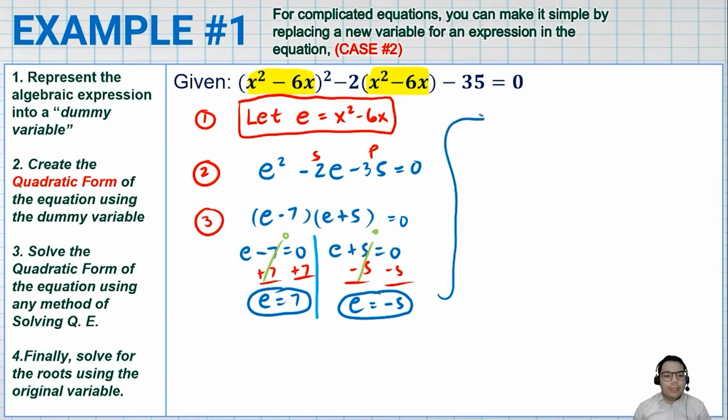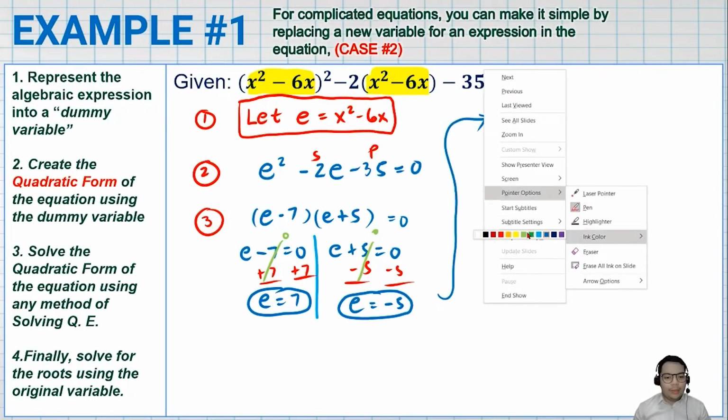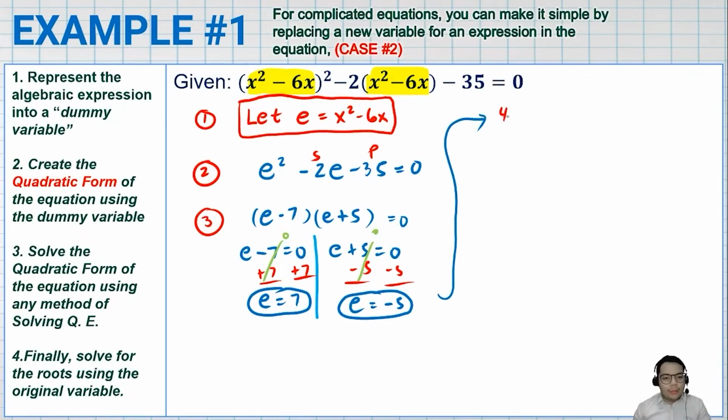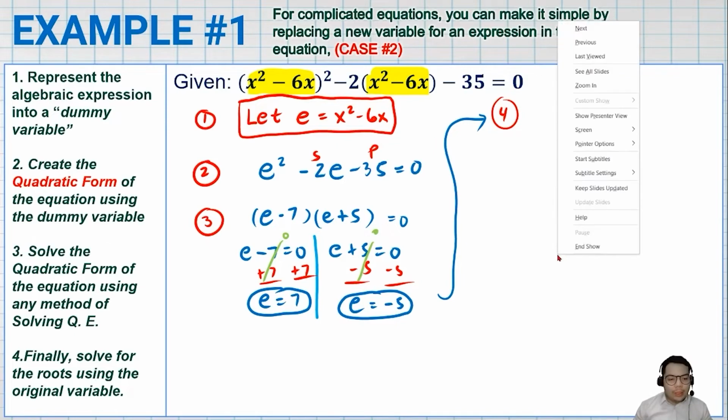So, punta ulit tayo dito sa side na to proceed for step number 4. So, we have step number 4. So, finally, solve for the roots of the equation using the original variable. So, ganun ulit parang sa case 1, babalik tayo ulit dito kay E. Pero this time, x squared minus 6x na yung gagawin nating variable.